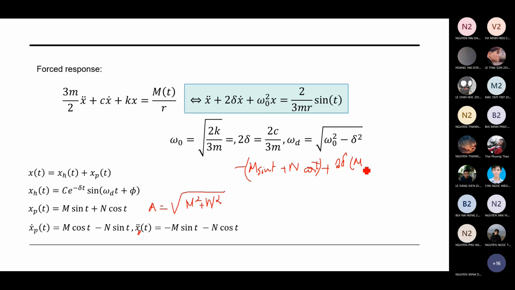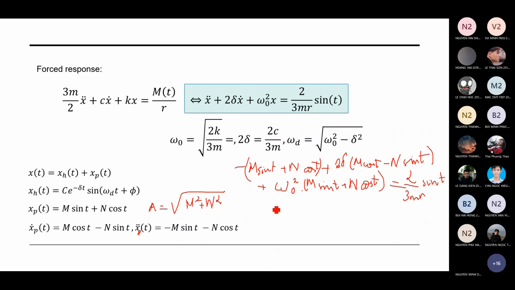It is M cos t minus N sine t, plus omega 0 squared, and it is equal to 2 over 3 m r sine t.